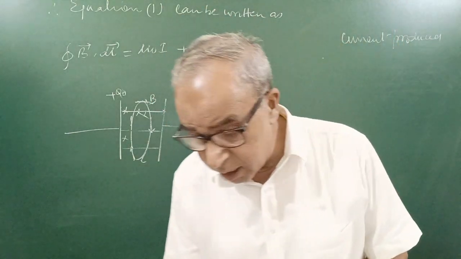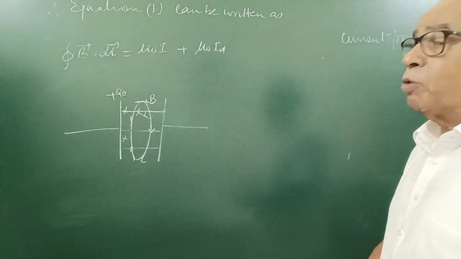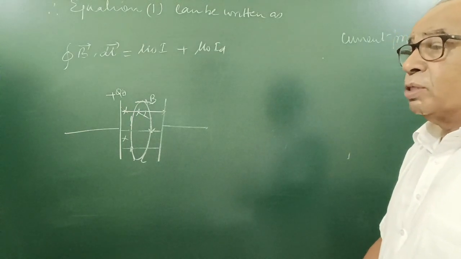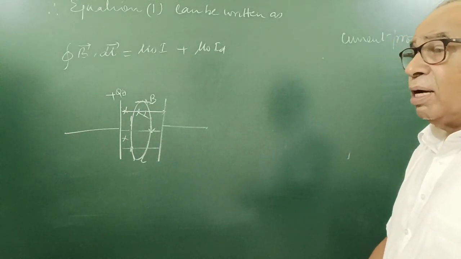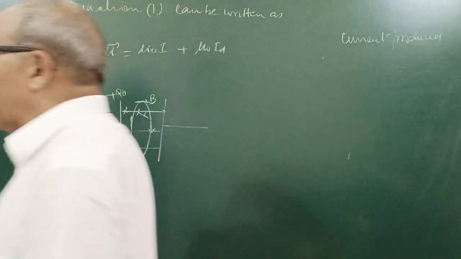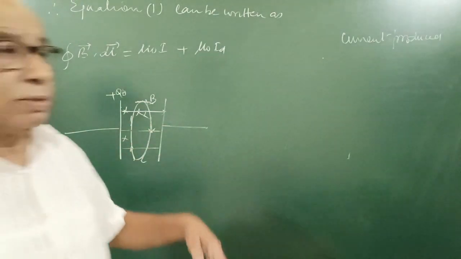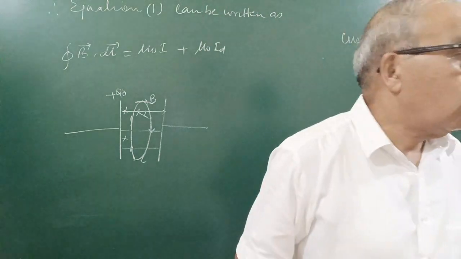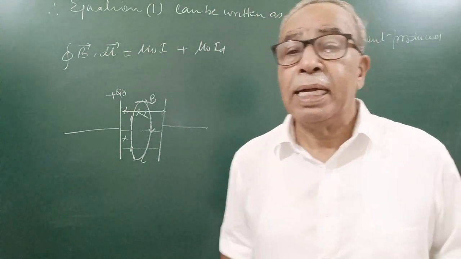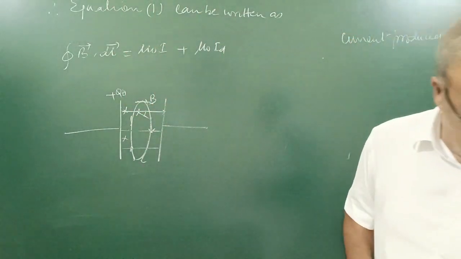Faraday's law states that we can produce induced EMF, and induced EMF is a potential difference, and where there is potential difference, there is electric field. So that way, I have proved, also told you, that a time varying magnetic field produces an electric field, and a time varying electric field produces a magnetic field. So electric field and magnetic field can exist in vacuum.